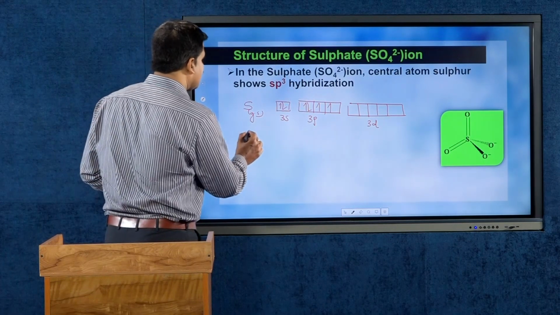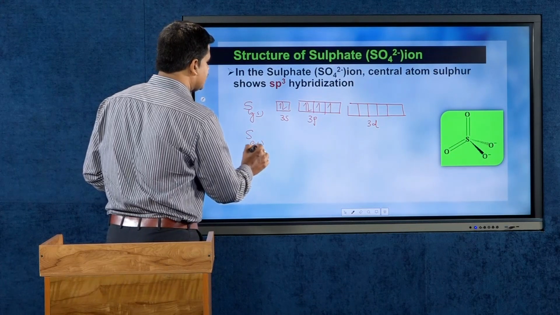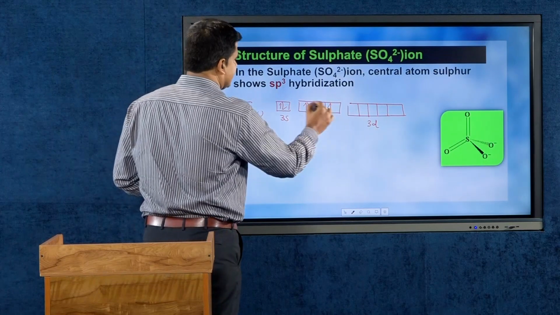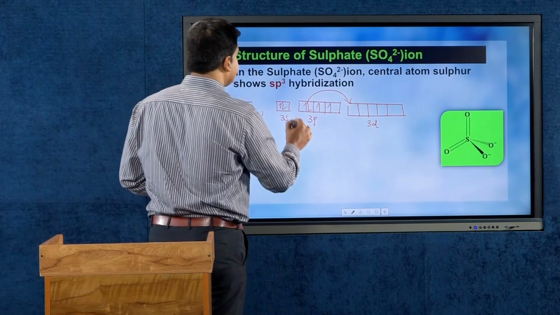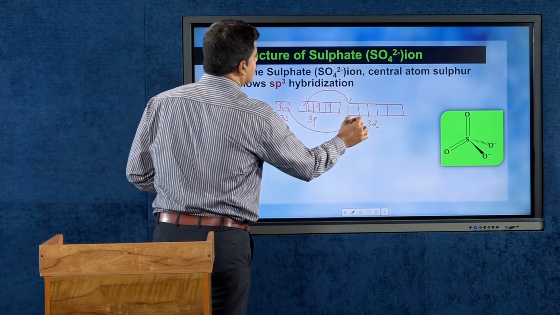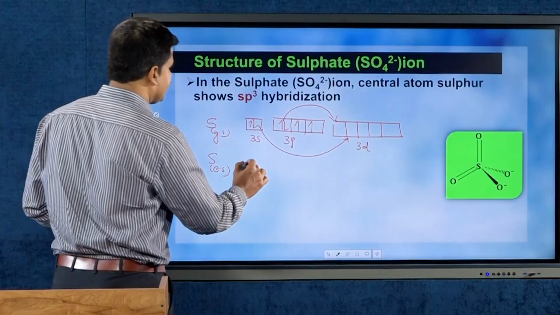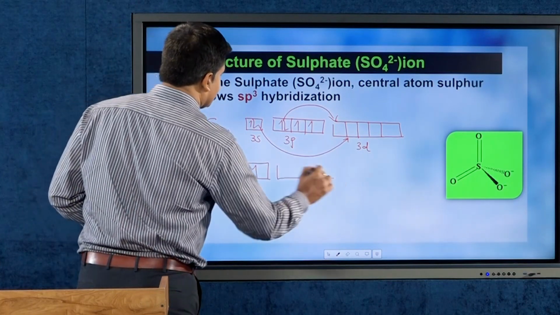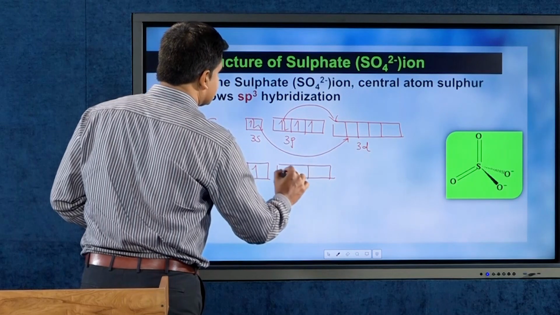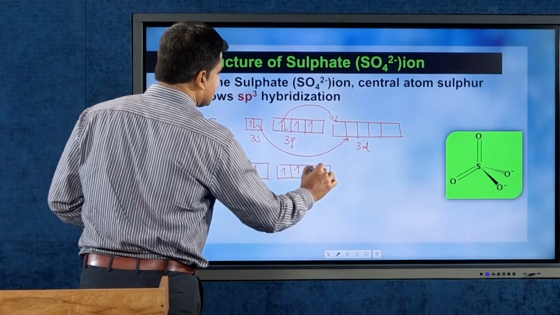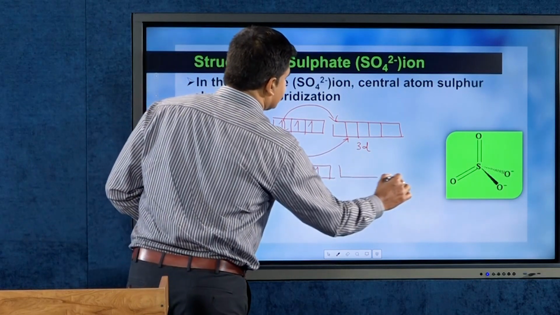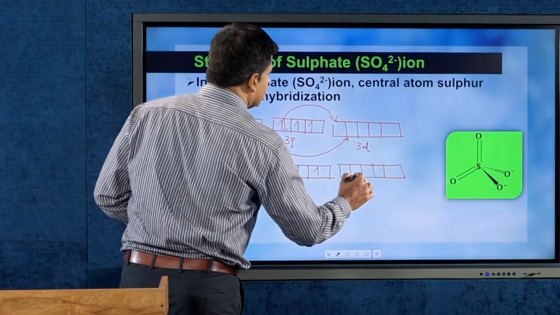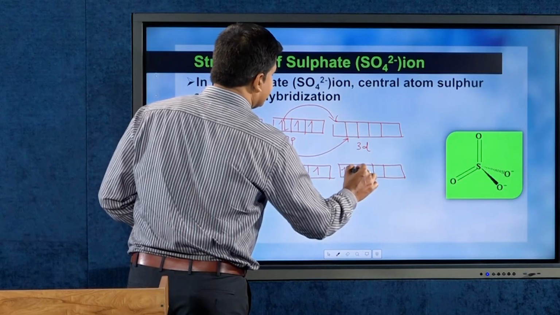Now, sulfur undergoes excitation. For this, electrons jump from 3p to 3d. At the same time, a 3s electron is also promoted to 3d. So that you get a new arrangement: 3s1, 3p3, and at last there are 2 electrons in the 3d subshell, that is 3d1 and 3d2.